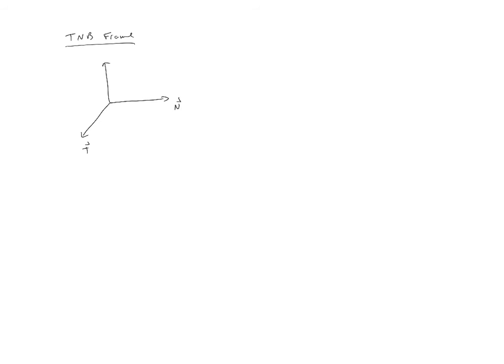Then the vector that's perpendicular to both the unit tangent and the unit normal would be this B vector, which is the binormal vector. And again, the binormal vector is going to equal the cross product of the unit tangent and the unit normal.